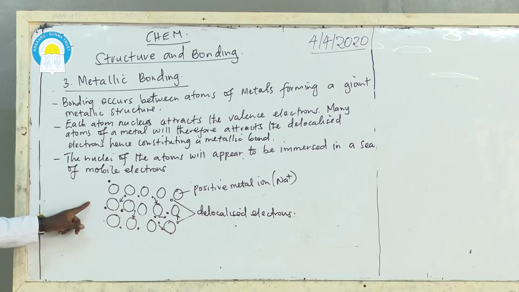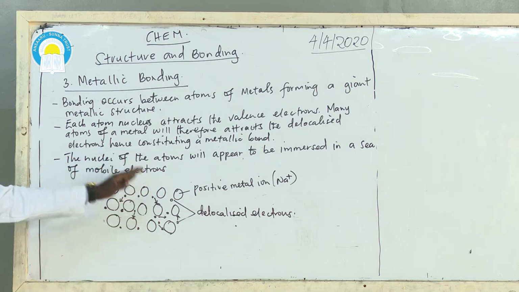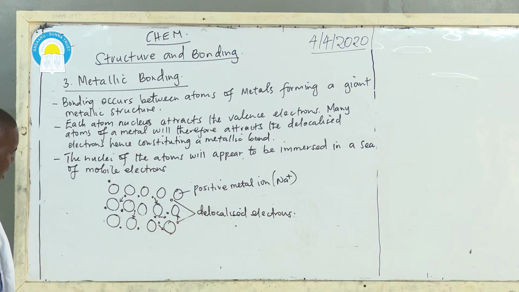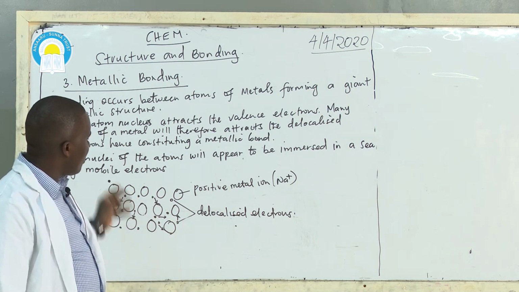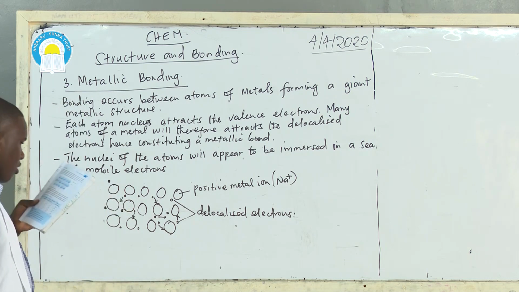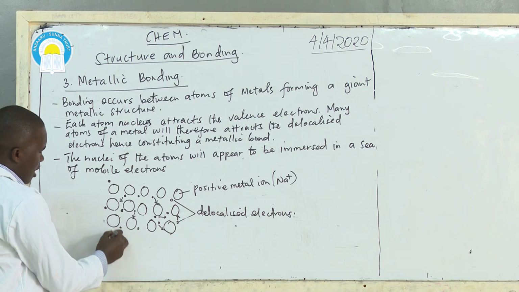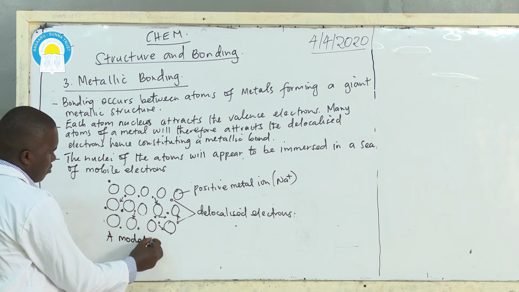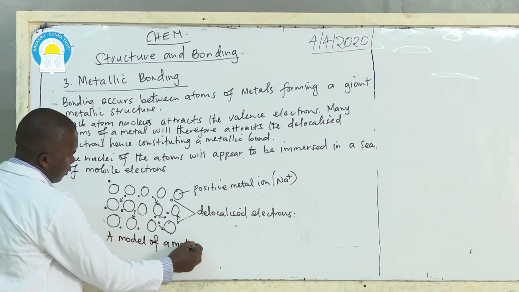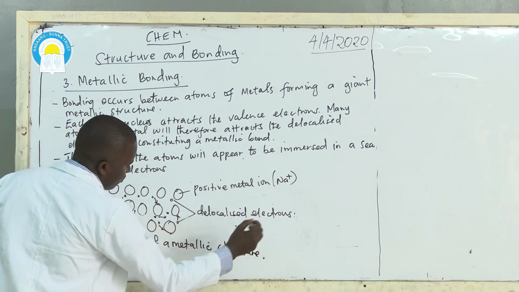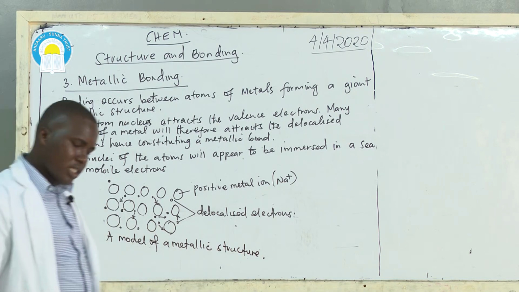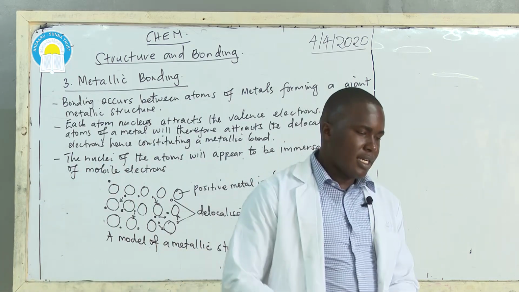So you see the metallic ions are like they are immersed in a sea of electrons, and therefore each nuclei will get attracted to these delocalized electrons, which are moving randomly within the structure. So this is what we call a model of a metallic structure.